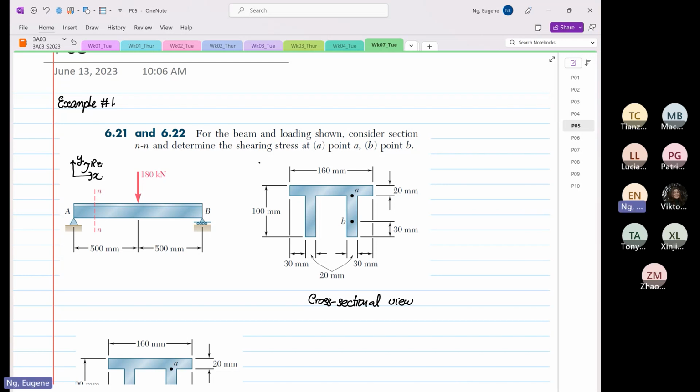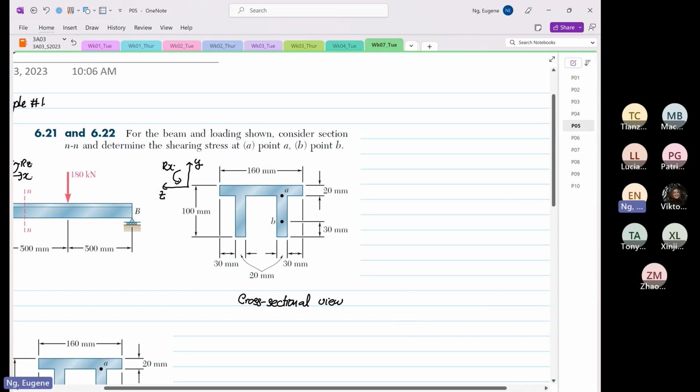And then if we were to draw a transformation, this will be our Y, this will be our Z, this will be our rotation about X.